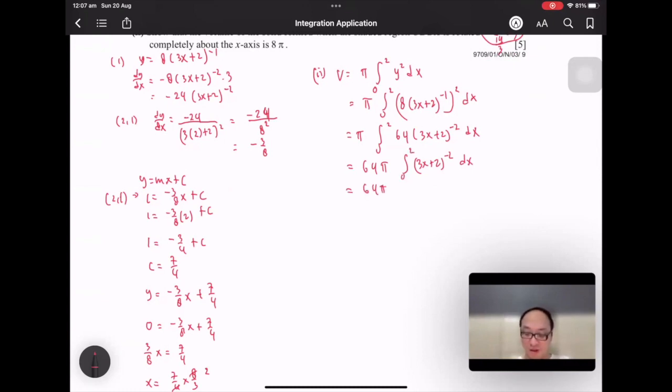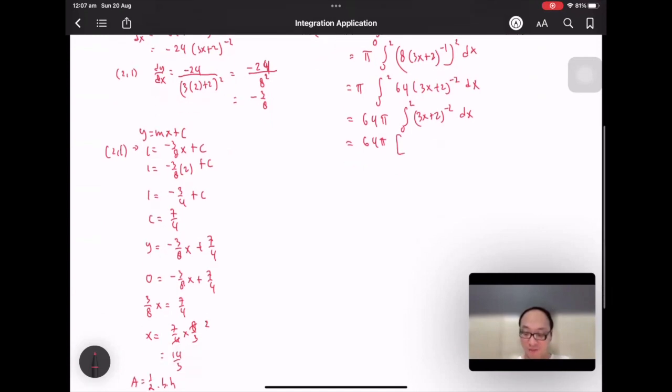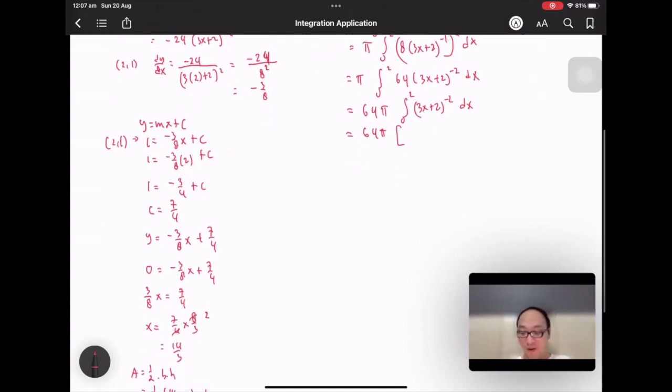So this will be minus (3x plus 2)^-1 over 3, from 0 to 2.